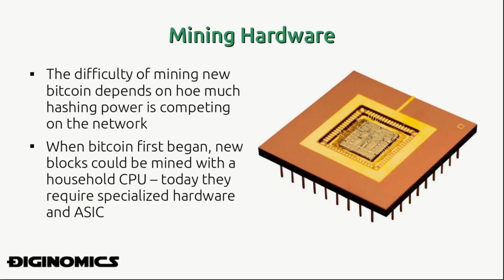Today, you need very specialized hardware, and you need an application-specific integrated circuit chip. It's in our estimation that the mining industry will only become more competitive, and the hardware involved to run profitable mining operations will become more specialized as well.